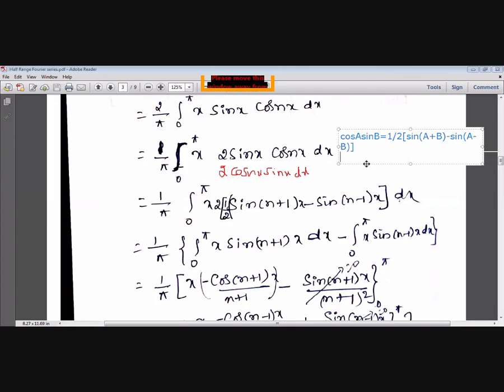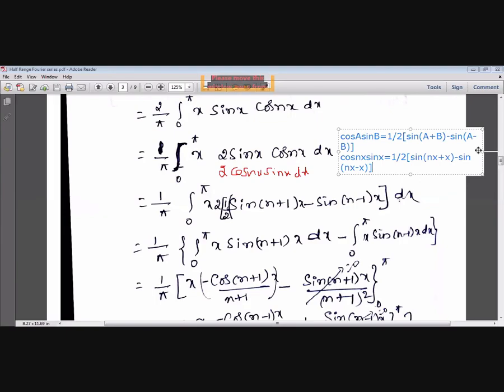I will write that also. Cos nx sin x is equal to 1 divided by 2 into sin(nx plus x) minus sin(nx minus x).